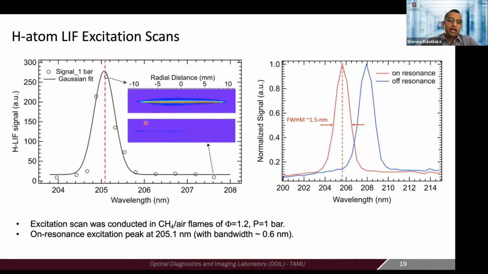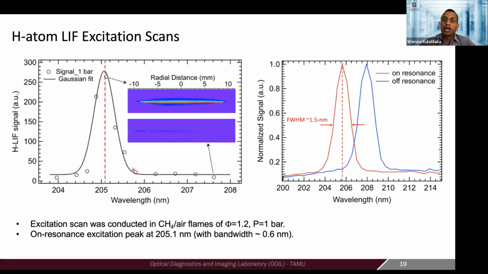This is an excitation scan. Again, keep in mind, as I mentioned before, that the line is significantly broader compared to a nanosecond laser. So you see this several-nanometers-wide excitation scan at around 205 nanometers for the H-atom. You scan your broadband laser over the excitation transition, and you get an excitation spectrum.